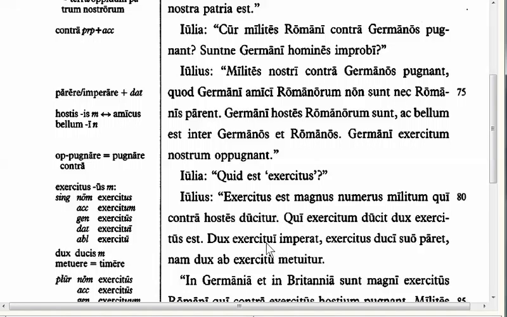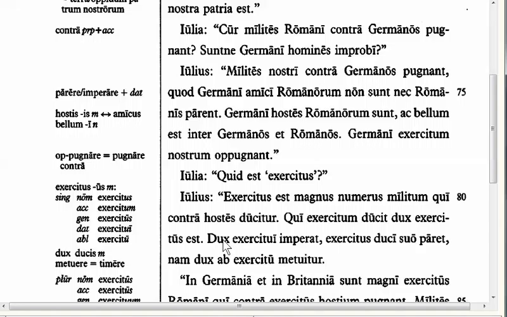Well, this is the dative, and it is the dative because certain verbs take the dative, and you see that up here in the margin where it says parere and imperare plus dative. You need to learn those as you encounter them, because it's not always intuitive that they're going to take a dative case, and so I often try to translate them with a "to" afterwards.